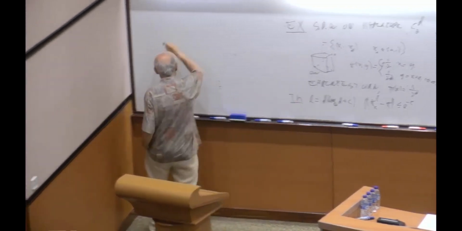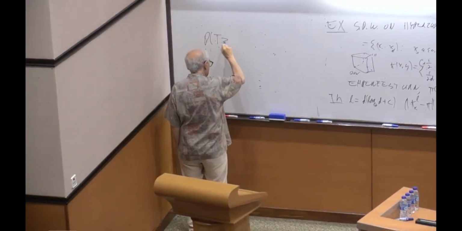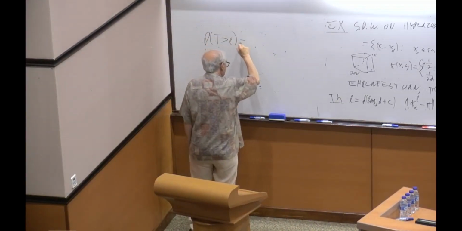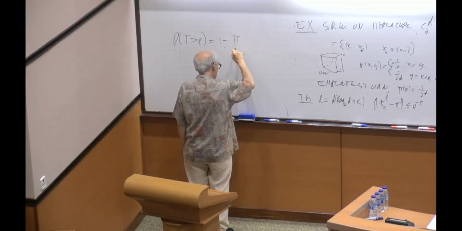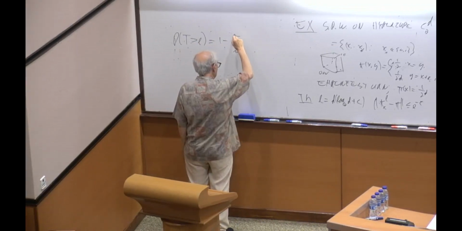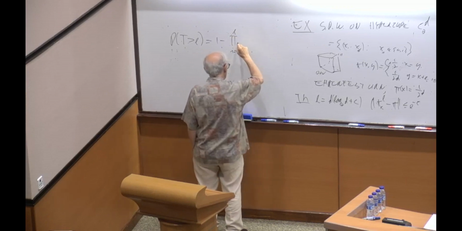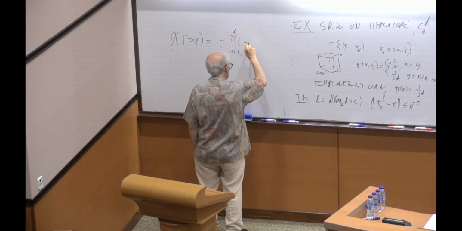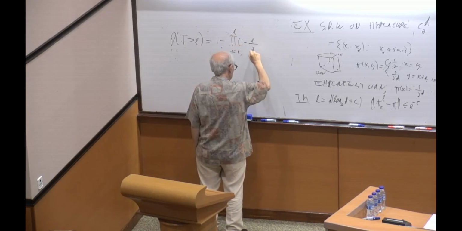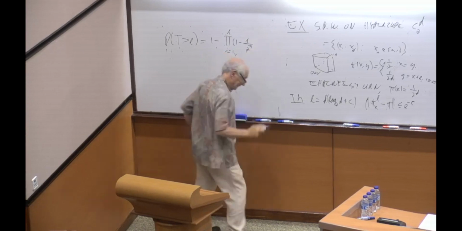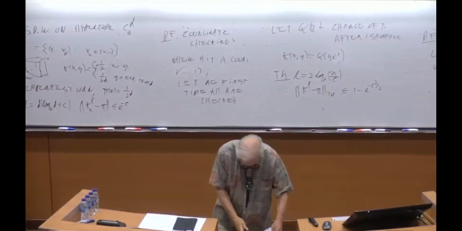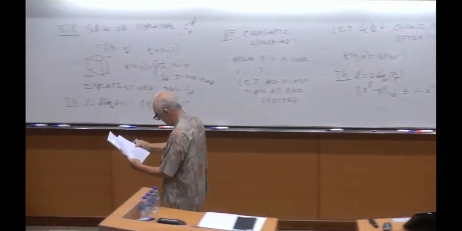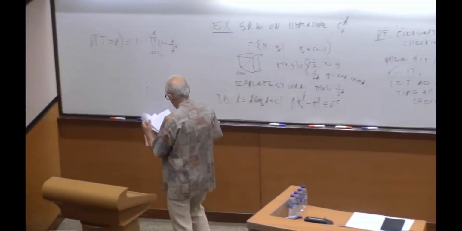So the probability that T is bigger than L is equal to 1 minus the product from I equals 1 to n minus 1 of 1 minus I over 2 to the L. Let me get that right. There's no reason to lie about it, since it's easy to do.